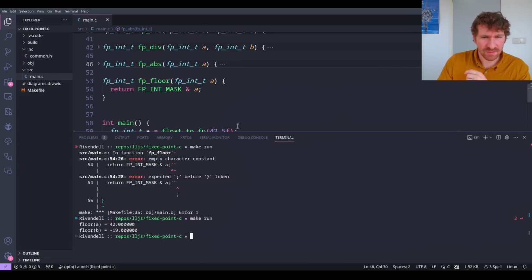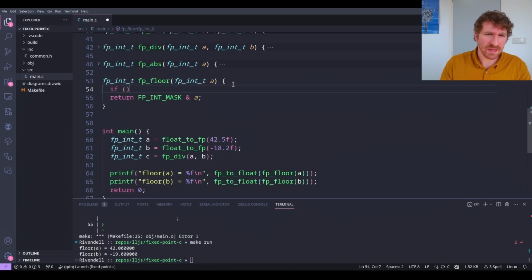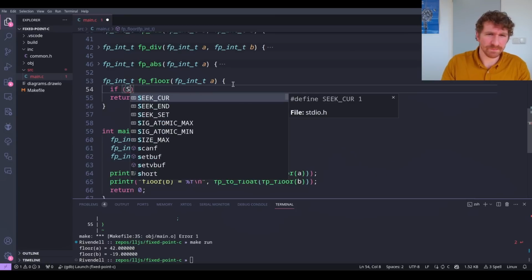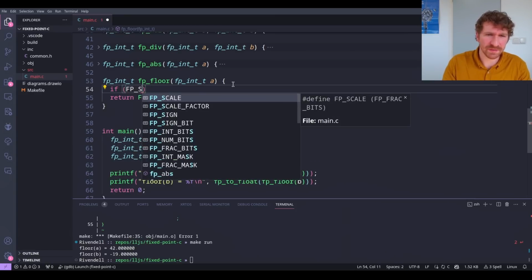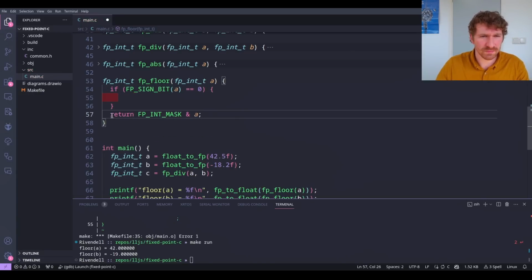So let's have a look at that. We can check the fp sign bit of A. If it's positive, then we will just do this and return.